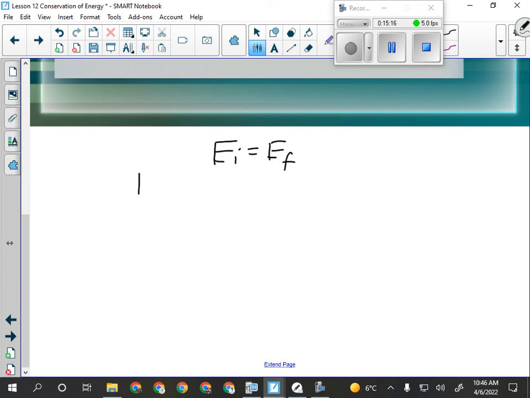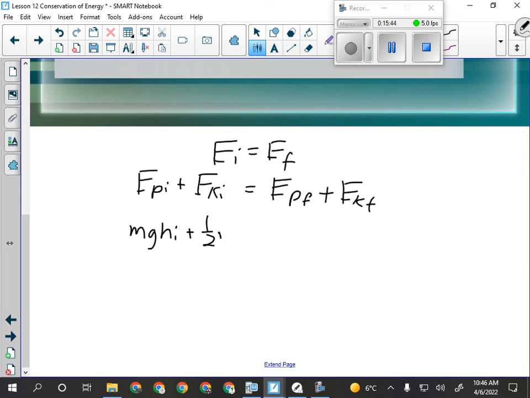Okay, what that's going to mean then is that I'm going to take EP initial, plus EK initial equals EP final plus EK final. Okay, everyone all right with my expansion there? Right, and then I can expand it out even further and say, all right, M times G times H initial plus 1/2 MV initial squared equals M times G times H final plus 1/2 MV final squared.